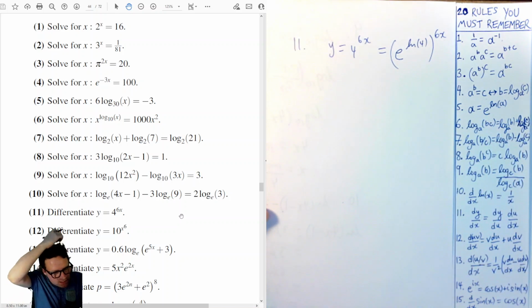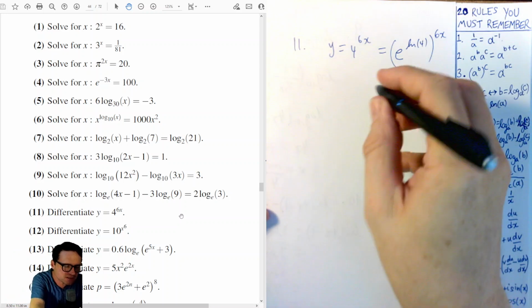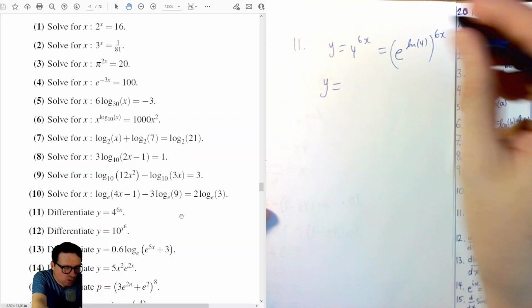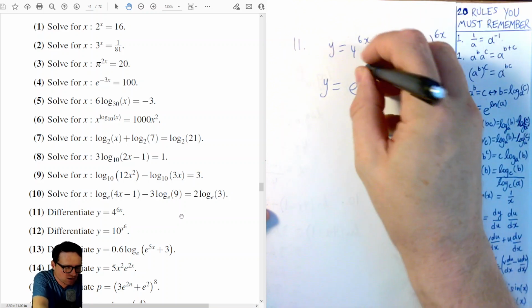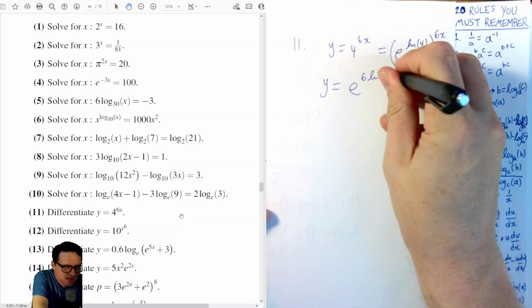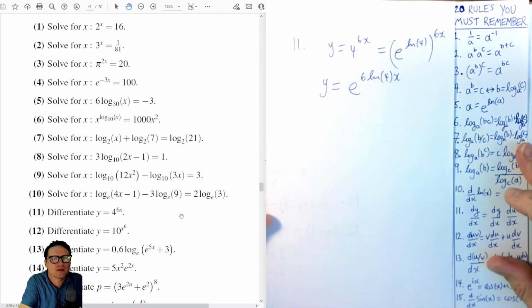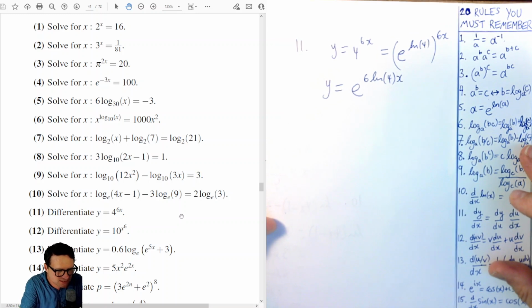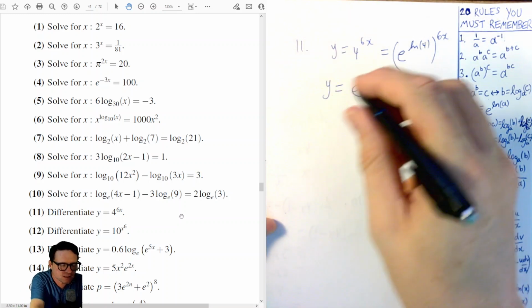Okay, next we can use rule number 3 to multiply the exponents. If we do that, we've got y is equal to e to the power of 6 ln of 4 times x. All right, so now we want to differentiate this. So let's apply d on dx to both sides.